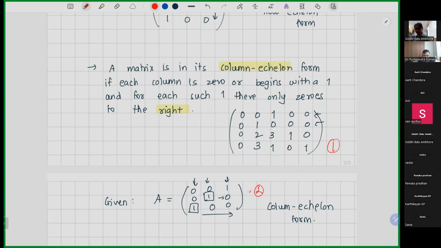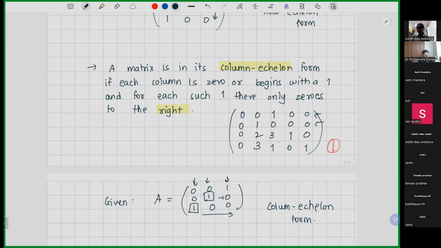It's not column echelon. Why, sir? Because in the last row you have the third element 1 already, followed by that, it's not all 0.